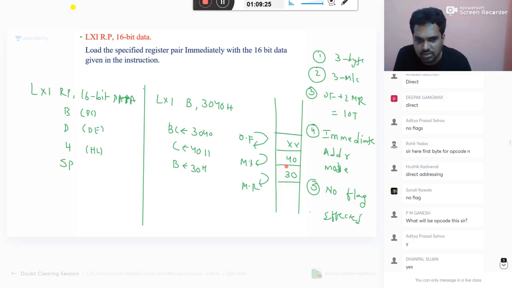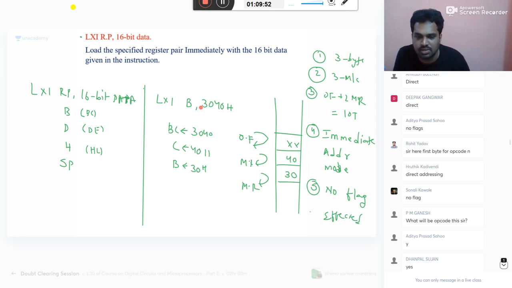Yes, the register pair is used to store the number. If the register pair is used as a pointer, then it is register indirect addressing. If you are using it as an address, then direct addressing mode. Here you are just loading one number into B and C. We will discuss all instructions, then all will come, CMA, everything.